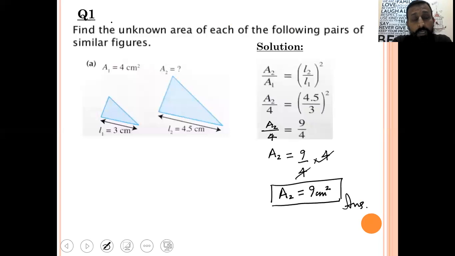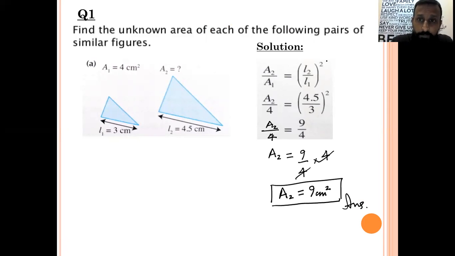Likewise, for the other triangle, the area A2 is unknown and the length L2 is given to you as 4.5 centimeters. What you need to understand in this is that you need to pair up A1 with its corresponding length L1, and A2 with L2.